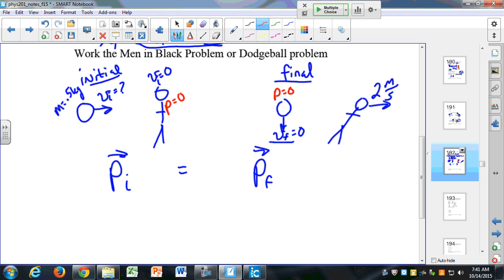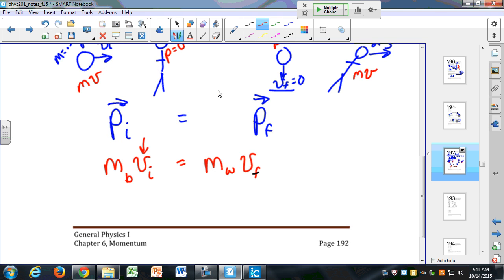The momentum of the ball initially is m times v, and the final momentum of White Goodman is m times v. So I'm only going to consider those 2 that are non-zero. That's going to be the mass of the ball times its initial velocity, equal to the mass of White Goodman times his final velocity. So I have those values.